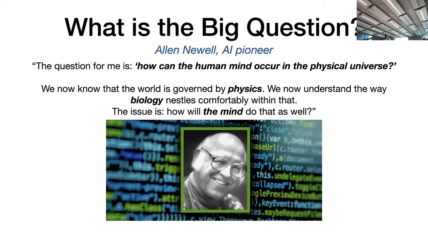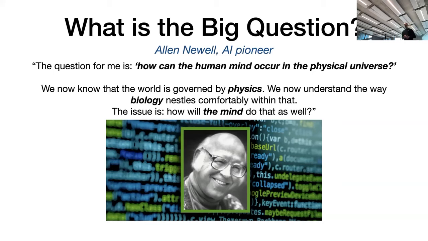So, like I said, the goal is really to try to understand the mind and how the brain produces the human mind. If you look at this quote from Al Newell, who's a very old AI pioneer, he says that we know the underlying principles of how the world works are physics.